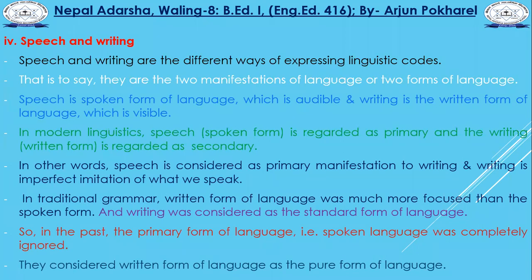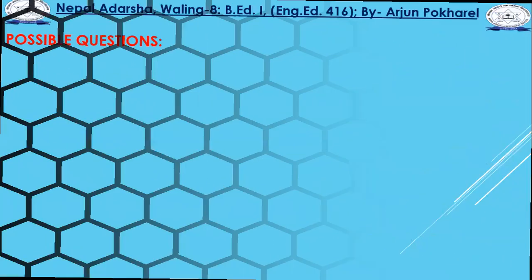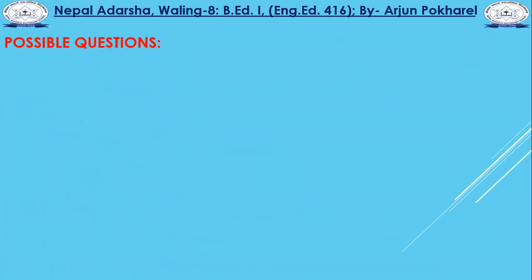Writing is secondary because after we start speaking, we start writing. That's why writing is regarded as the secondary manifestation of language. In this way, now you can copy out the possible questions. Some possible questions I would like to give here.